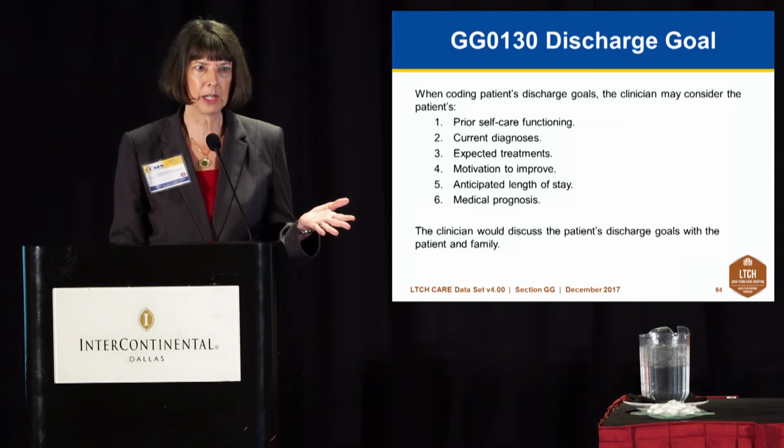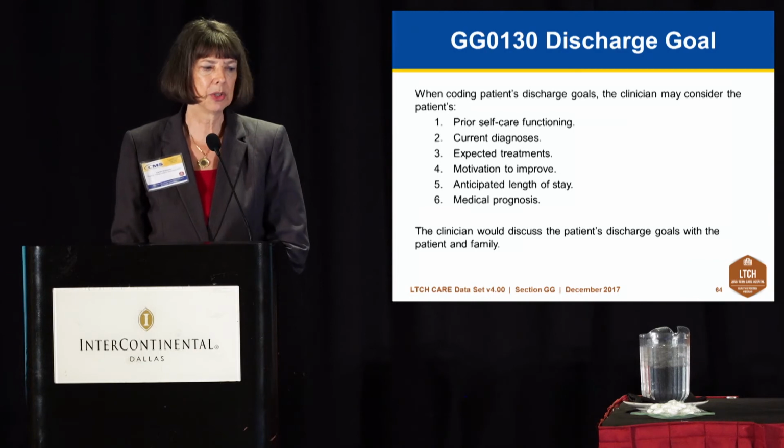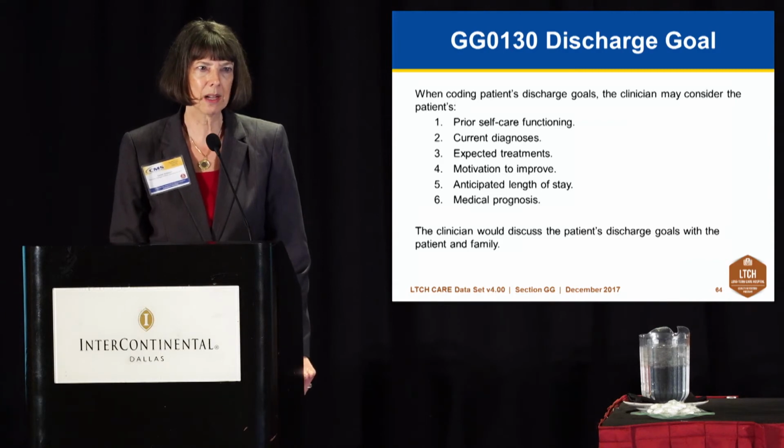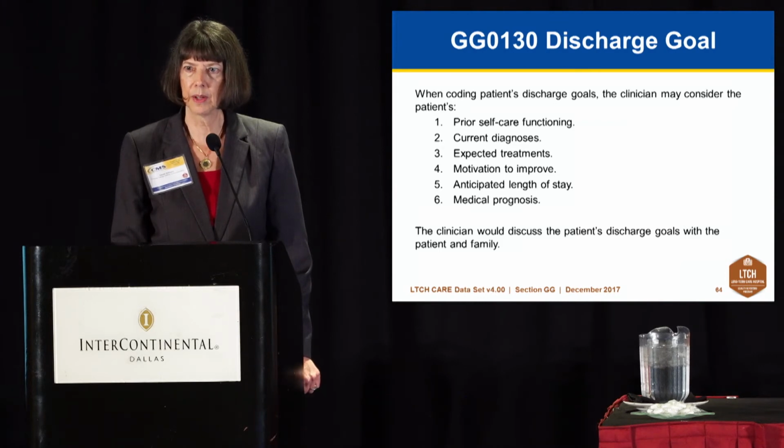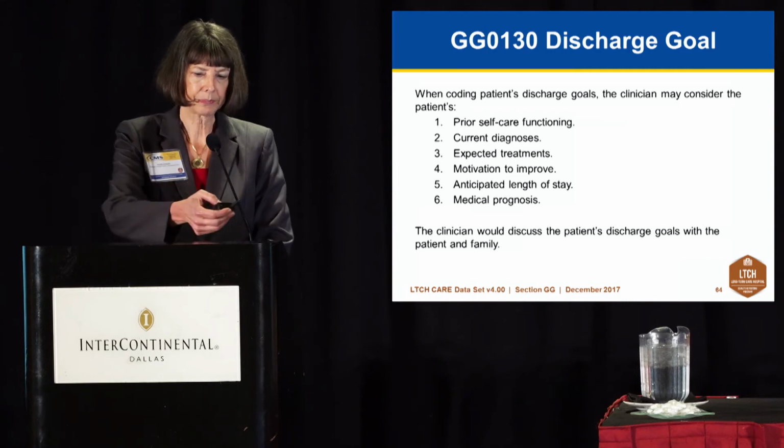That should be a consideration in terms of establishing your goal. And then anticipating the length of stay, how much time will you have in terms of administering therapeutic activities for them, and also their medical prognosis is very important. You, of course, discuss these types of things with the patient, perhaps their families as well, to determine what the collaborative goal would be.